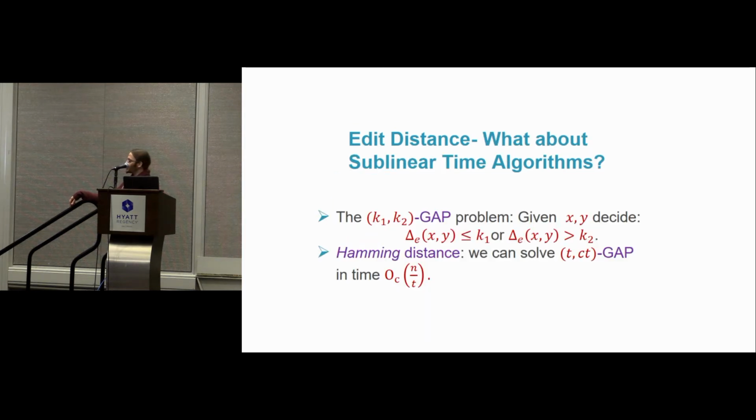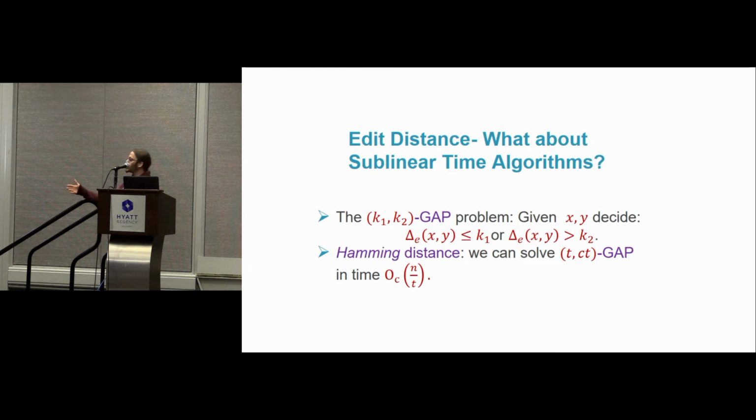So how about sublinear time? If we are happy with a linear time algorithm, can we do it in sublinear time? First, let us state what we aim for in sublinear time algorithms. We would like to solve what we call the K1, K2 gap problem. Given two strings, we would like to decide whether their edit distance is smaller than K1 or larger than K2.